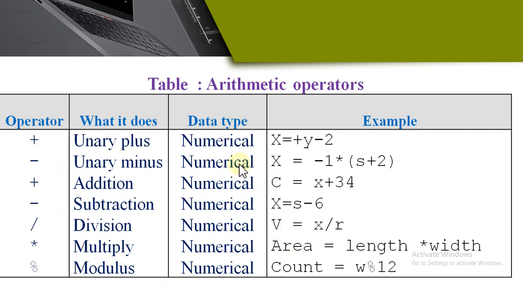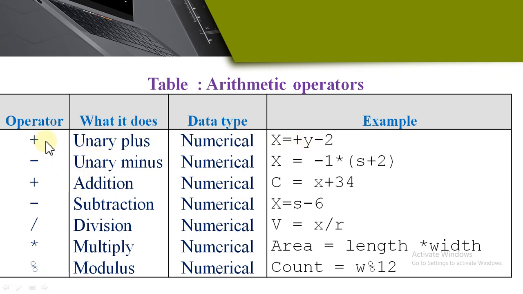Therefore, arithmetic operators: unary plus, x equal to plus x. Here we make use of plus, of course succinctly, otherwise plus is the default. So we can write like this, x equal to plus y minus 2. There is no harm in writing like this, but this is not required because by default it is unary.